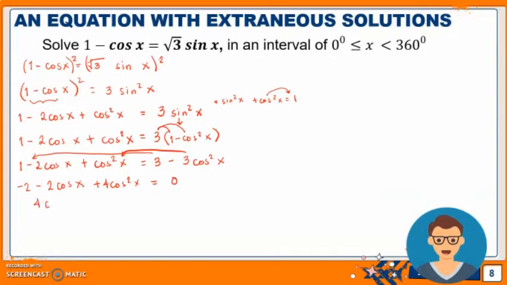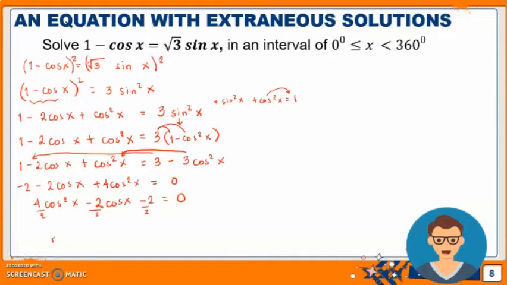We have 4 cosine squared x minus 2 cosine x minus 2 is equal to 0. For easy factoring, you may divide all the terms by 2.